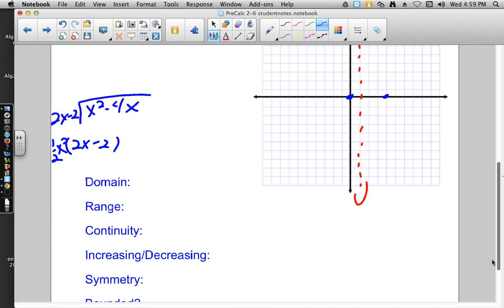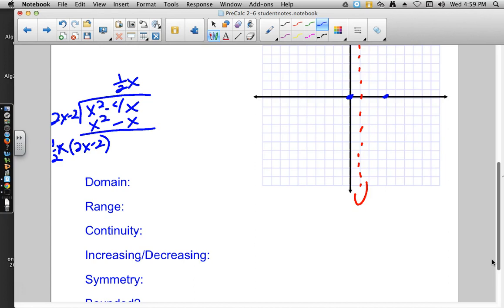So if we multiply 1/2 x times our 2x minus 2, that's going to give us 1x squared, and then 1/2 x times negative 2 will give us minus an x. Now, it did what we wanted it to do. It matched up with that x squared, so we're going to need a 1/2 x right here.